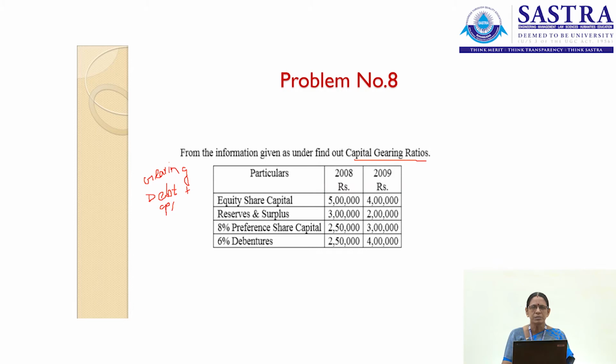What do we mean by tax deductible? Whatever interest is paid on your long-term borrowings or debentures can be taken as one of your operating expenses in your profit and loss account before paying off your tax. So we get a tax shield also.